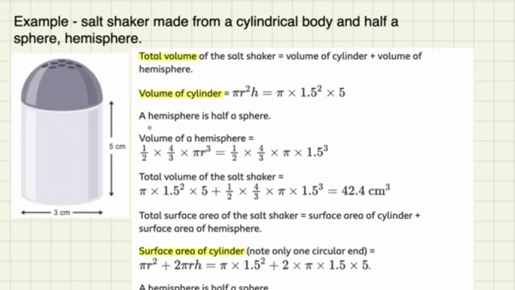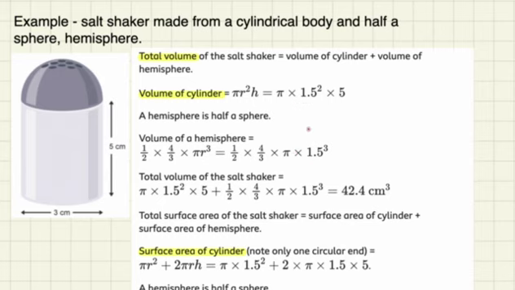How about the volume of the hemisphere, which is this part here? The volume of a sphere is 4/3 pi r cubed. And because this is a hemisphere, half of it, if you multiply that by half, that gives you half of this sphere. So let's substitute the numbers. It's a half times 4 over 3 times pi. Throughout this, use pi equals 3.14. So you can substitute that value in there, times r cubed.